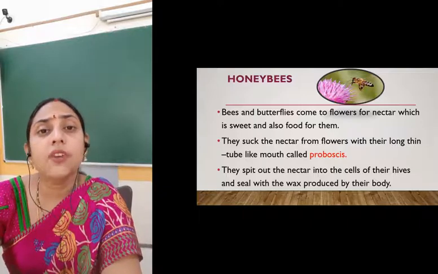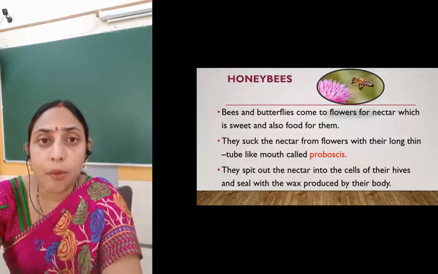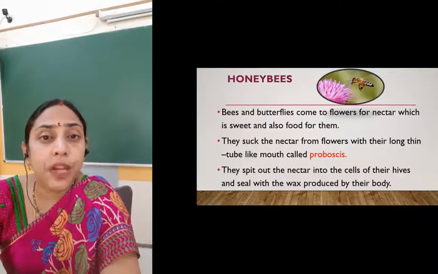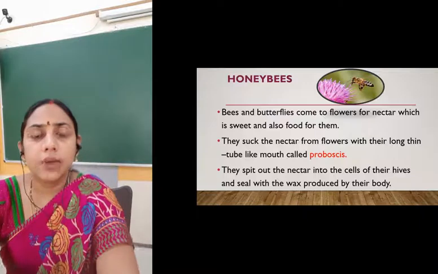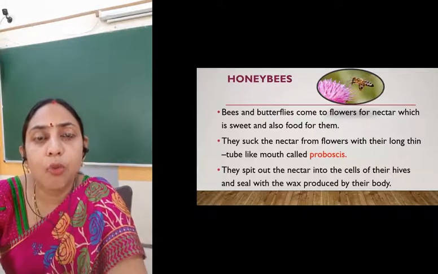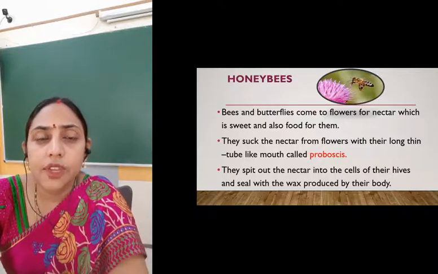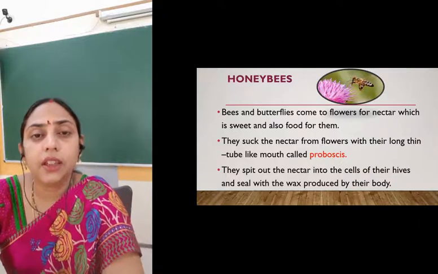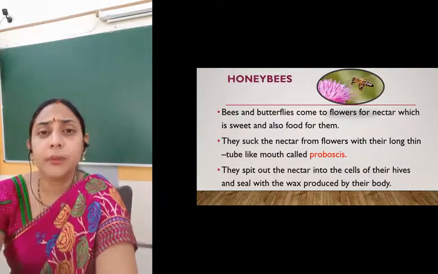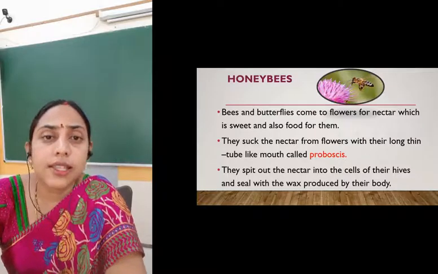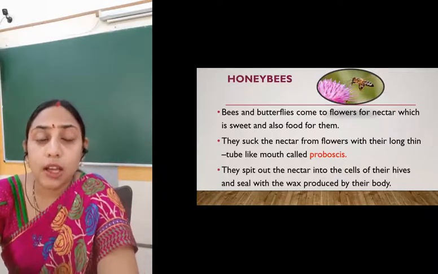Now once they have sucked the nectar and their stomach is full, they spit this nectar in their beehives. We know that honeybees live in beehives, the home of the honeybees. Their beehives are made up of hexagonal cells. Now what do you mean by hexagonal?